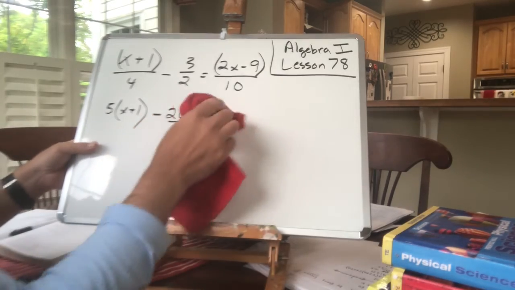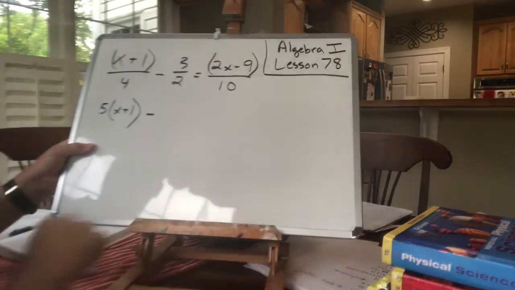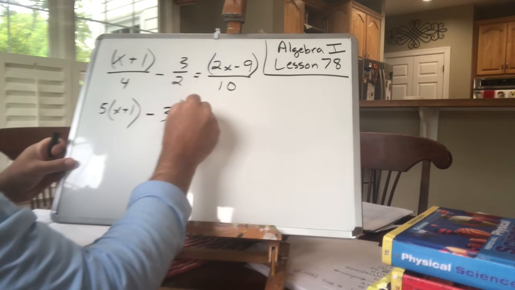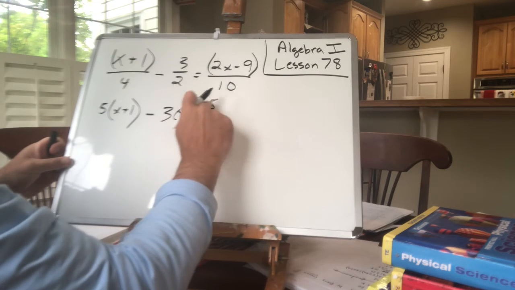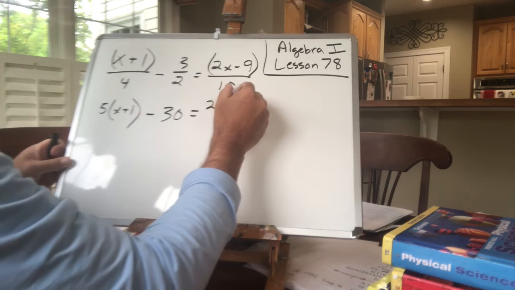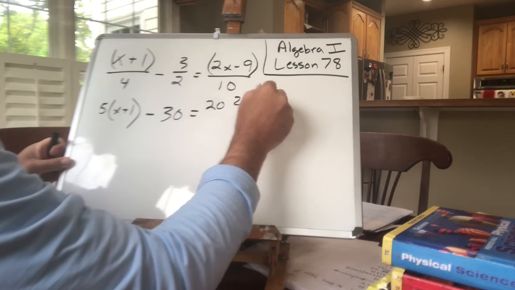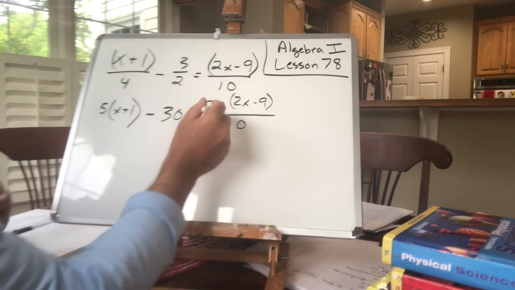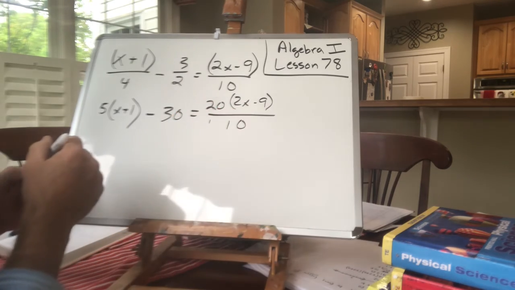This one's going to reduce down to minus 30, okay? So I can write that equals 20 times 2x minus 9 over 10. 20 and 10, remember there's a 1 here, reduce down to 2 over 1.